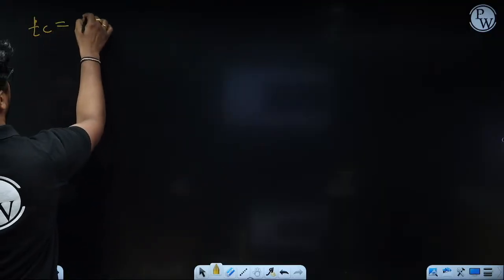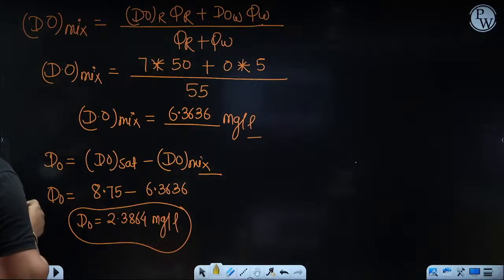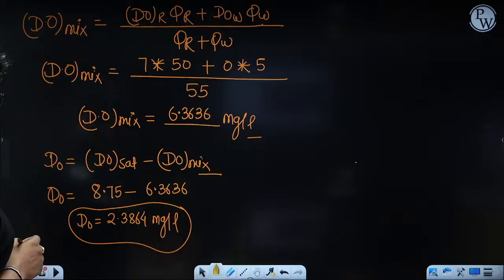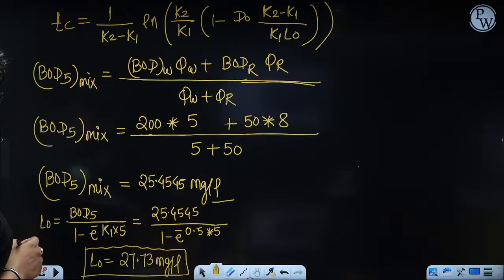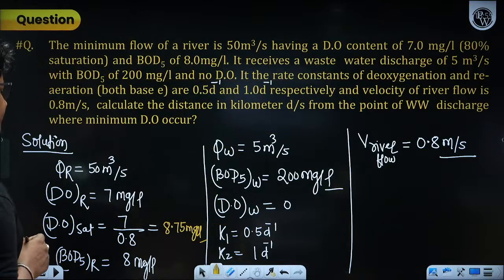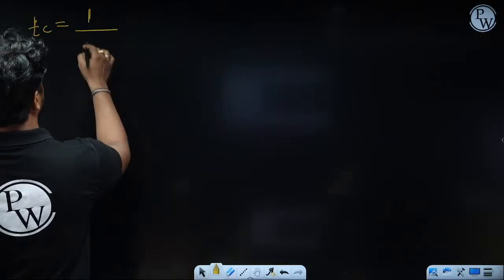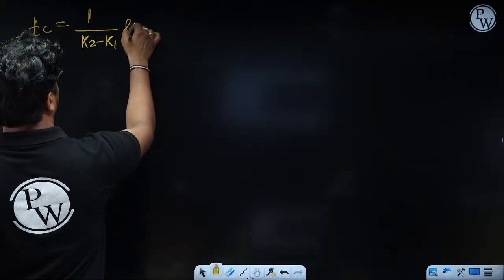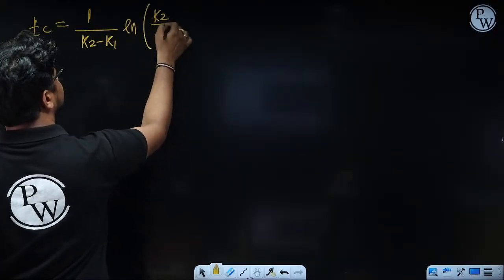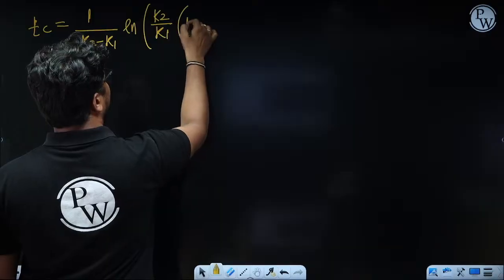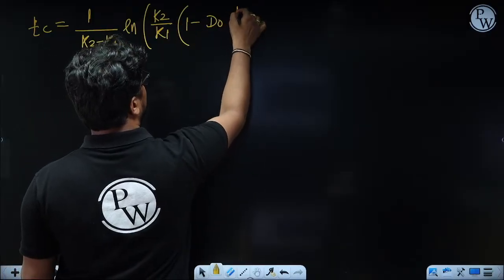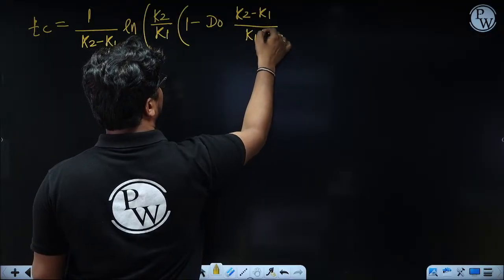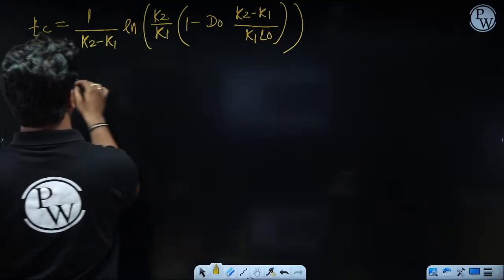So tC will be equal to 1 upon K2 minus K1. K2 is 1. So first I will write the formula: 1 upon K2 minus K1, ln of K2 upon K1 into bracket 1 minus D naught into K2 minus K1 divided by K1 into L naught, bracket closed.